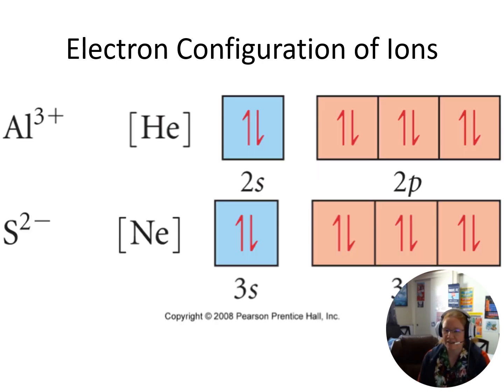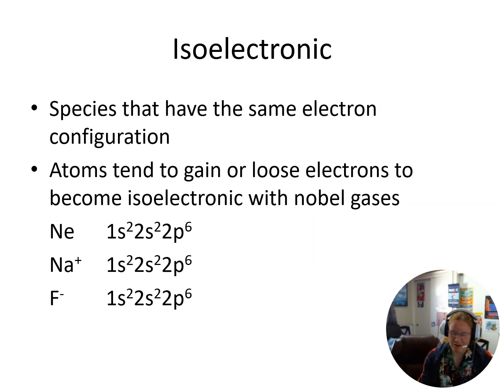So I can look here, and as you see, when we make aluminum an ion, we have a full valence shell. When we make sulfur an ion, we have a full valence shell. So again, what are they trying to do? They're trying to be isoelectronic to one of those noble gases.